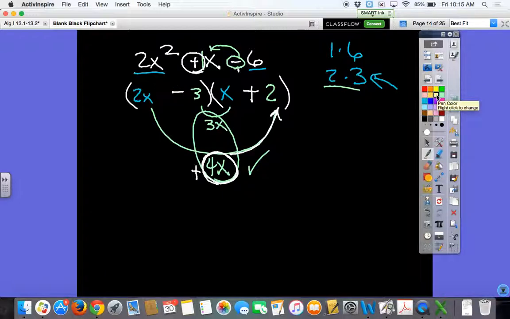Make sure that you understand it's the big pair that got that sign, because 3 is actually larger than 2. So if you had gone with the old rule of the big number in the back gets that sign, then your signs would be backwards. So make sure it's the big pair and which number in the back of your binomial helped make it.